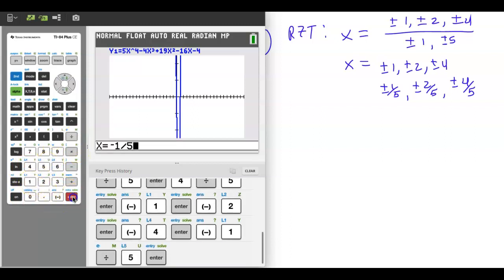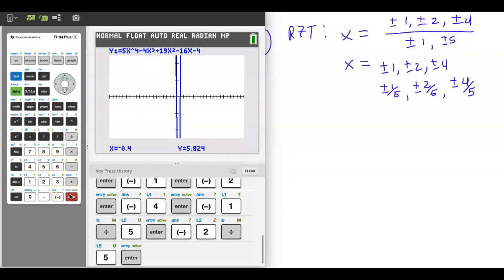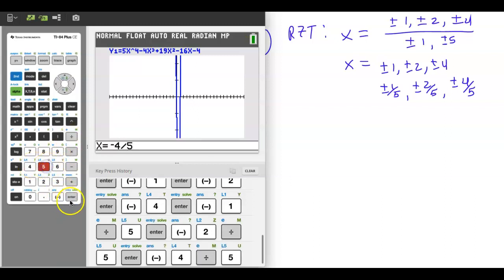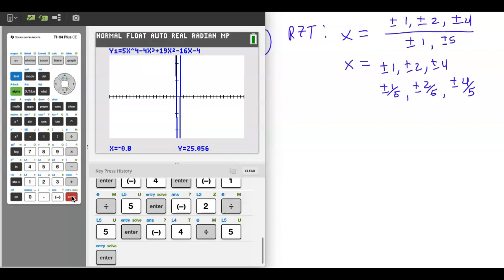-1/5. That works, so we got another one. So that's good. So we'll keep note of that. And let's see, -2/5 doesn't work, and -4/5 doesn't work.